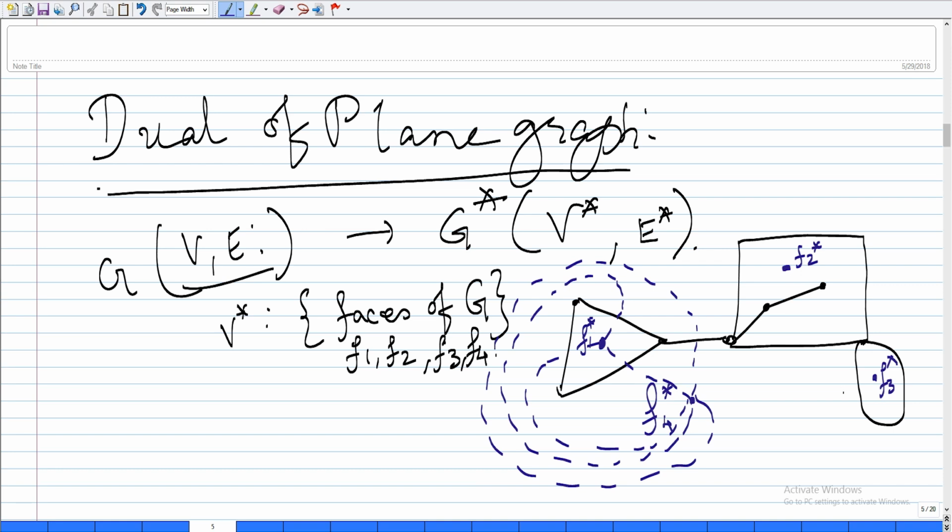And what about F2? F2 is obviously adjacent to F3, and sorry, F3 it is not adjacent because they do not share any boundary, right. So they are not adjacent, but F2 again has common boundaries with F4, right. So we have to connect through all those edges we are talking about.